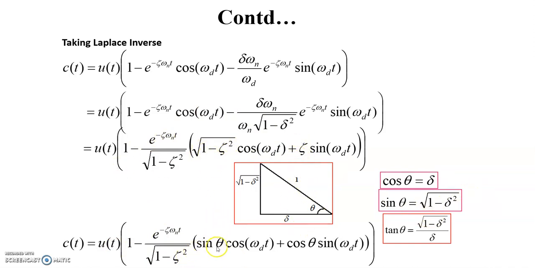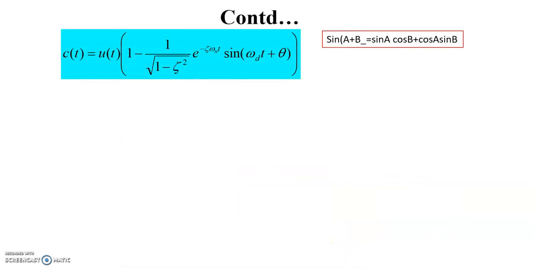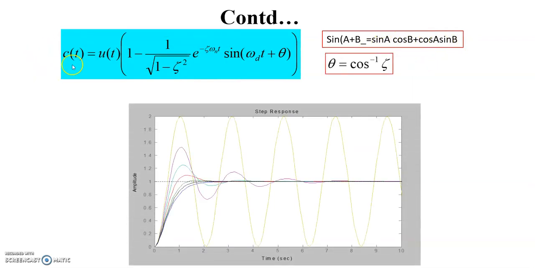So you can write sin theta into cos omega d t plus cos theta into sin omega d t. This is the sin A plus B form: sin A cos B plus cos A sin B. After this, c of t is equal to u of t into 1 minus 1 by root of 1 minus zeta square e power minus zeta omega n t into sin(omega d t plus theta). Theta is cos inverse of zeta.